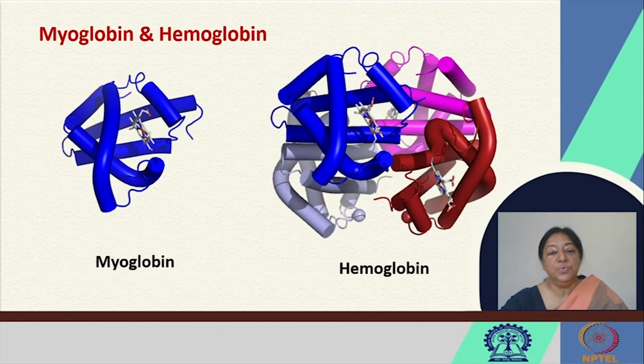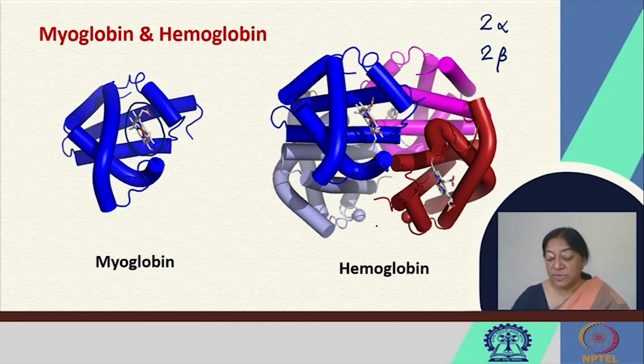When we look at the two proteins now, this is the structure of myoglobin, the single polypeptide chain that has a globin domain with the heme attached. Hemoglobin has, as we have seen before, two alpha and two beta subunits in a tetrameric form, and each of these globin domains has a heme bound to it, as in the structure of hemoglobin shown here with the four subunits.